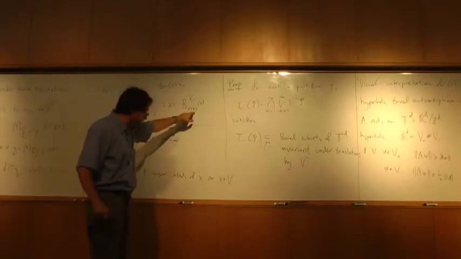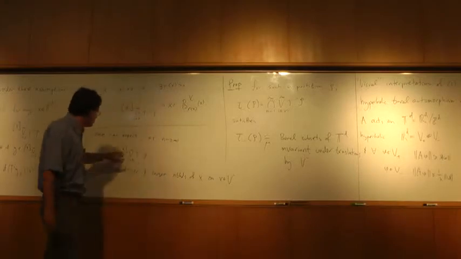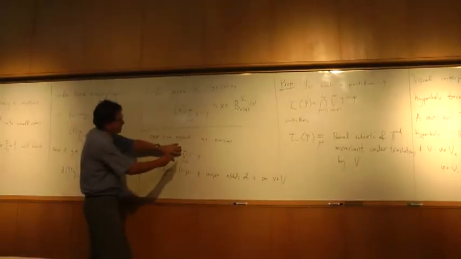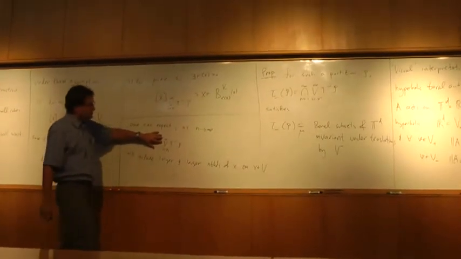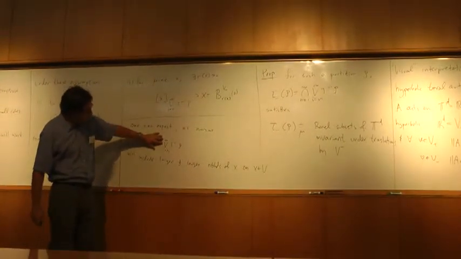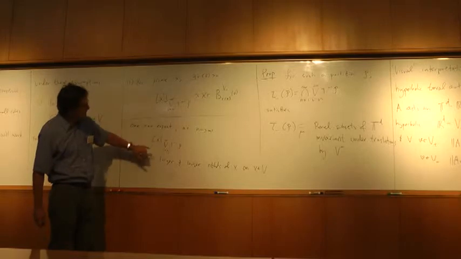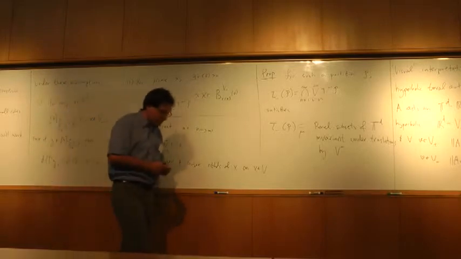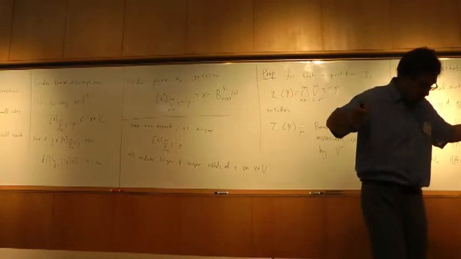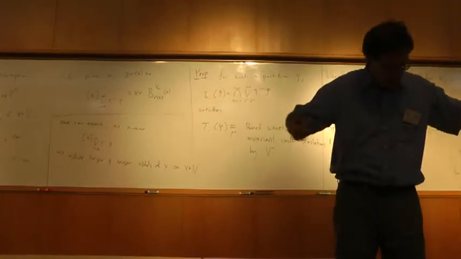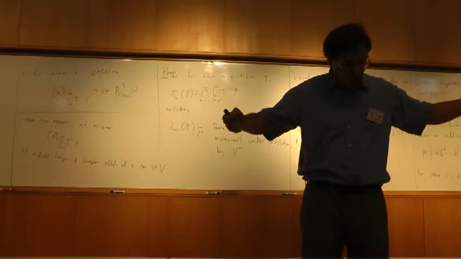Now if I have a set which is simultaneously measurable with respect to all of these sigma algebras, which is precisely what it means to be in the tail, then if it contains a point x, it should contain all of the V minus orbit of x.